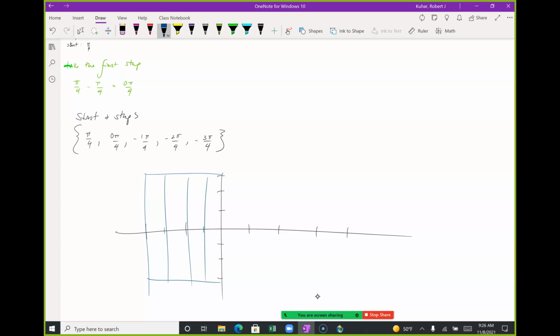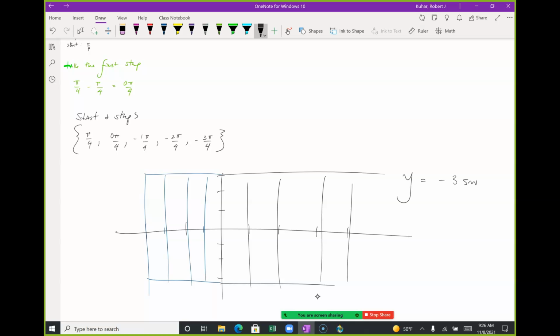Now I want to put on the right hand side, and you don't have to do this, but just so I can emphasize at y equals negative 3 sine x, that I have this shape, so that I can see that it has to continue that same shape, but I'm compressed.